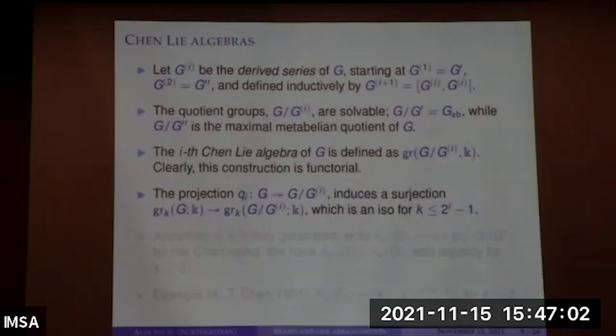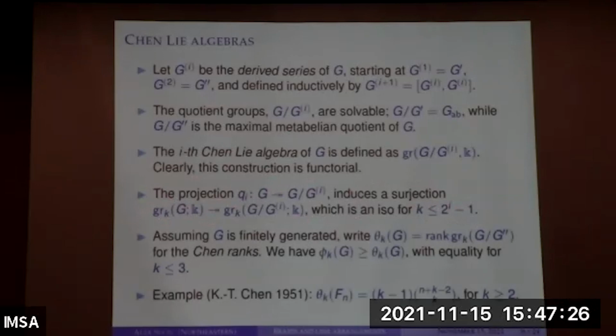Anyhow, so now the Chen algebra is the associated graded of these maximum solvable quotients of G. It is functorial, the projections give surjections between the graded pieces, and you get an isomorphism up to degree 3 and so on. Let's not spend too much time on that.